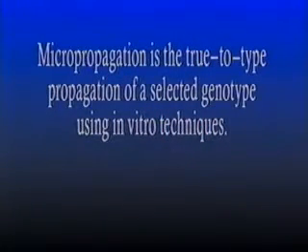Micropropagation is the true-to-type propagation of a selected genotype using in vitro techniques. Several stages are involved in micropropagation, each of which are influenced by an array of physical, nutritional, and hormonal factors. Micropropagation only makes sense when adequate starting material is used.